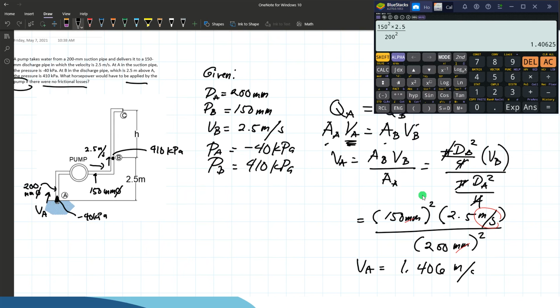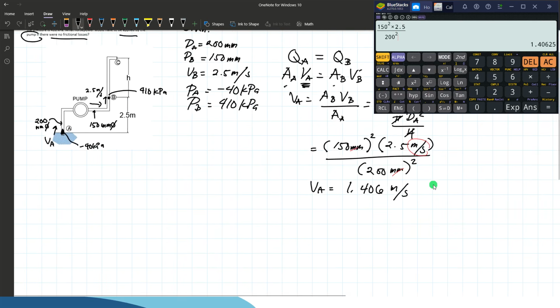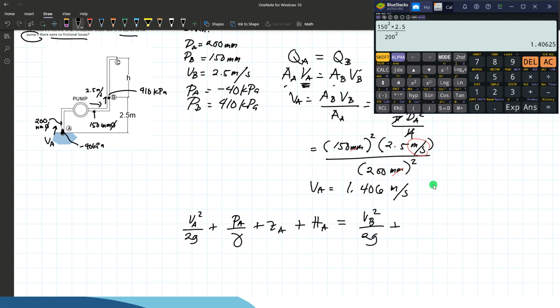So the velocity at point A is 1.406 meters per second. Now we can apply the Bernoulli equation, considering that we have an additional head due to the pump. The sum of the energies: VA squared over 2g at point A plus pressure at A over gamma plus Z at A plus the head of the pump HA equals VB squared over 2g plus pressure at point B over gamma plus ZB.